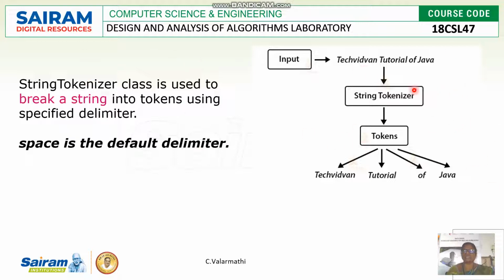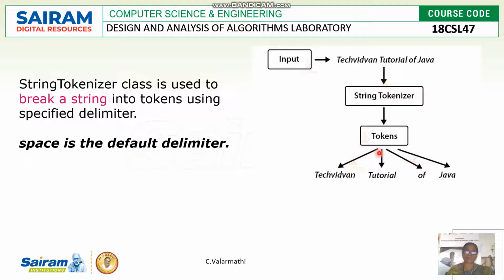Likewise it will divide. See here, this is an example input statement: TechDeviant tutorial of Java is my simple statement. When I apply the string tokenizer to this statement, since space is the default delimiter, it will break the statement as TechDeviant, tutorial, of, and so on.